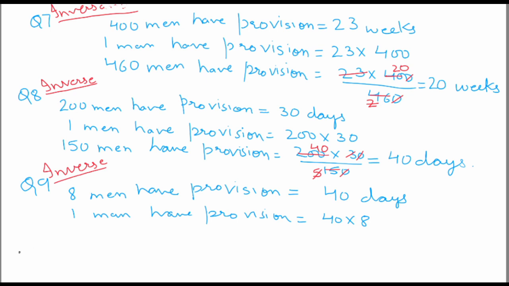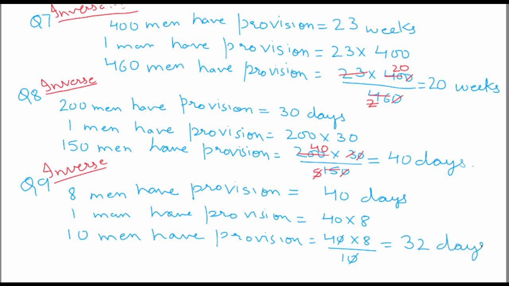Now we are talking about 2 more men joining. When 2 more men join, it will become 10. 40 into 8 by 10. 0 will cut with the 0 and we'll get 4 eights are 32 days. So this provision will go up to 32 days if 2 more men join them.